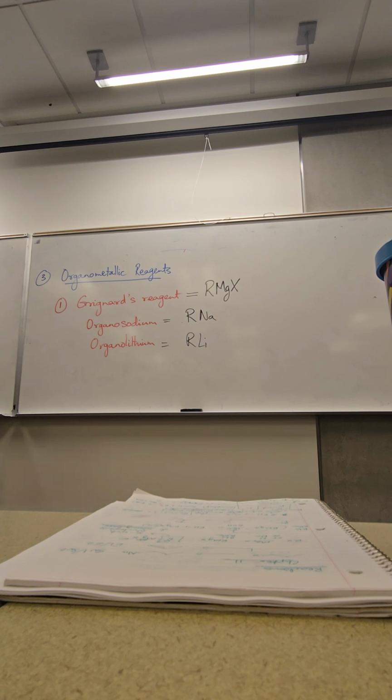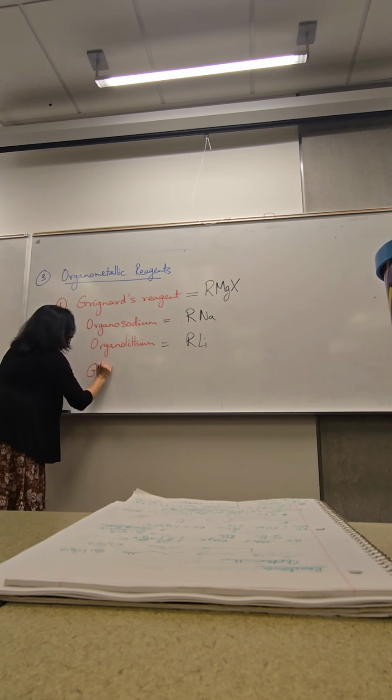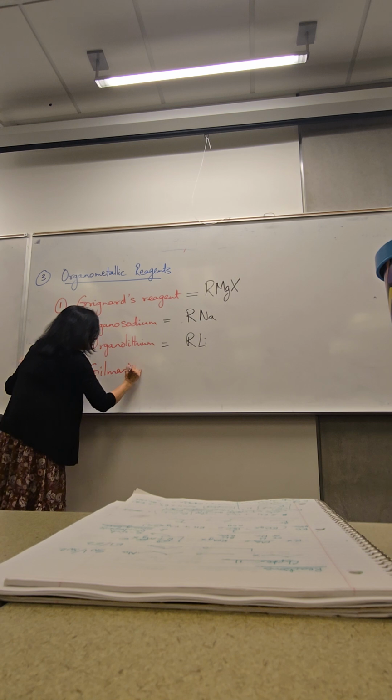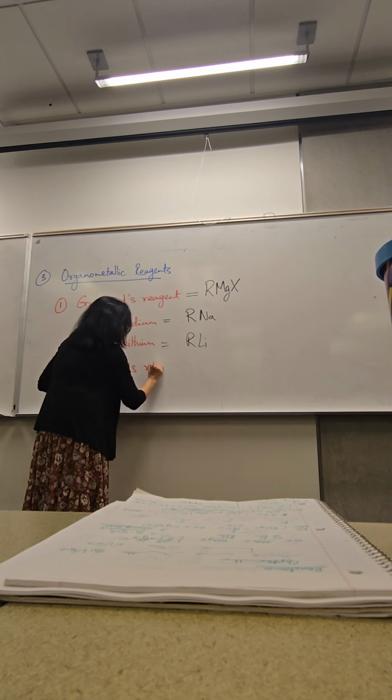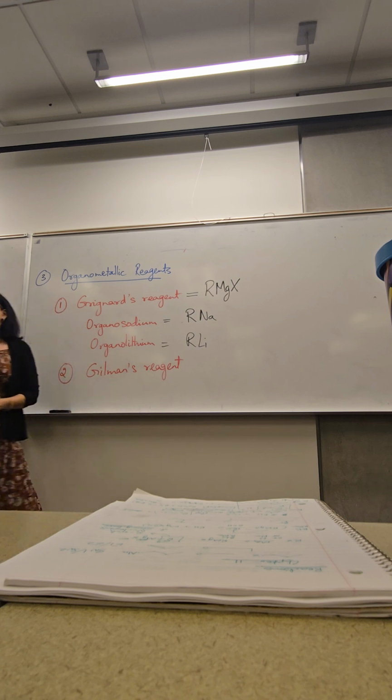Another one that we will also talk about, and this chapter is introducing us to, is commonly called Gilman's reagent. One of the things you will also notice in Ochem is that we organic chemists want our names to live forever. So if you develop something, you give it your name, so it lives forever. Gilman's reagent. Okay, what is it? Sumita's reagent.